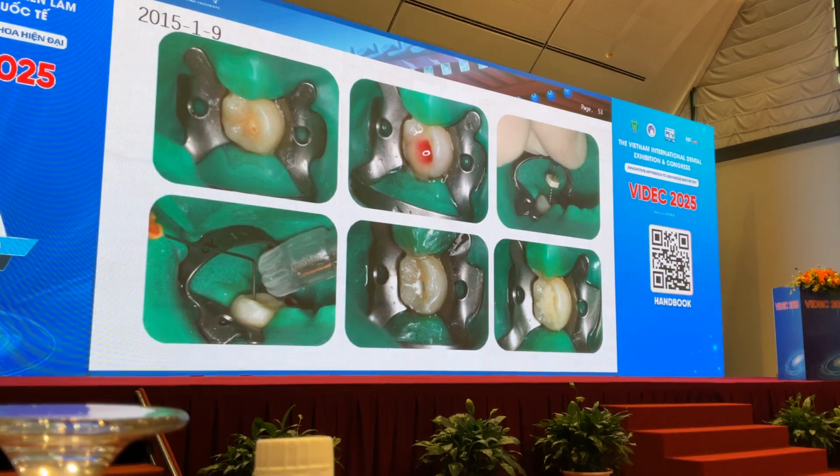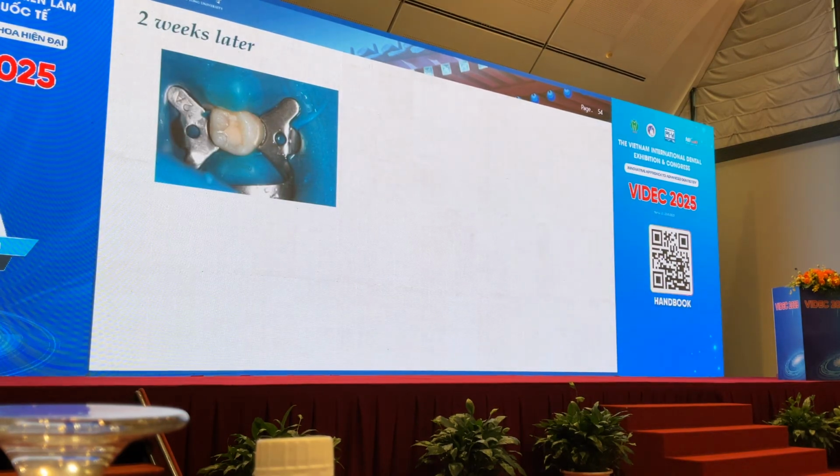That's why the pulpotomy is done in 2 visits. Why? Because they have gingival abscess, right? Remember? Then 2 weeks later, the boy came back and the tooth was asymptomatic and the gingival abscess disappeared.